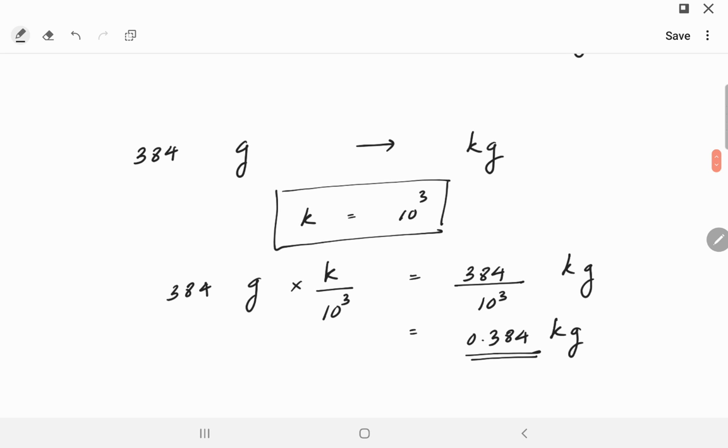We did these calculations for grams up until now, which is a unit for mass. Let's see if you could do a few calculations for length. First, convert 183 centimeters into meters.